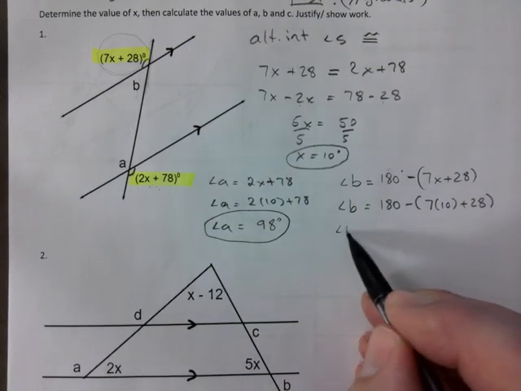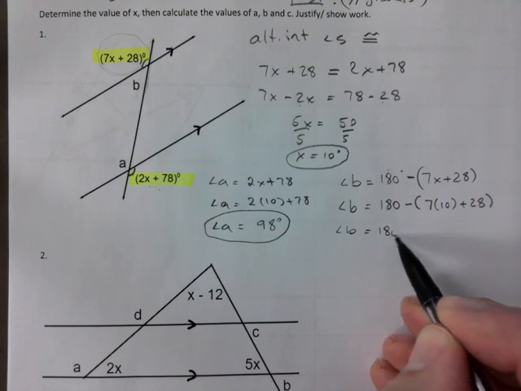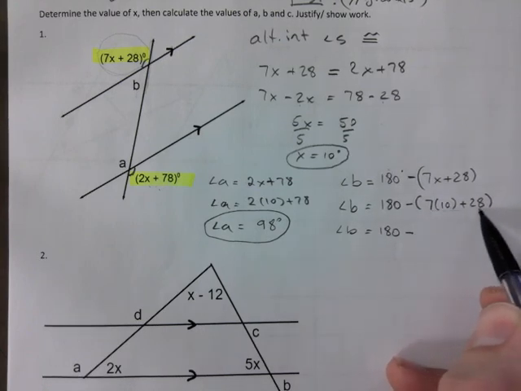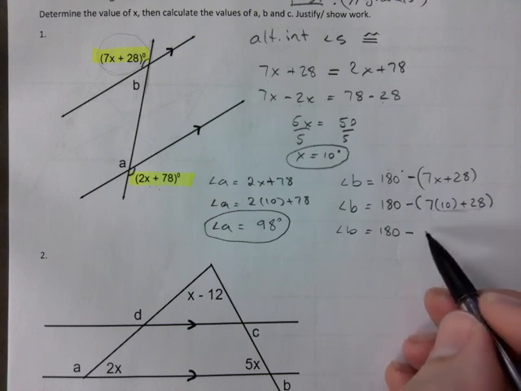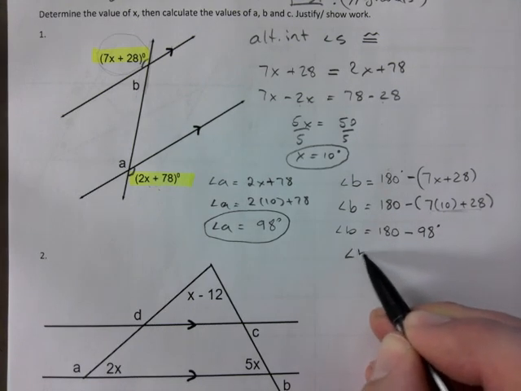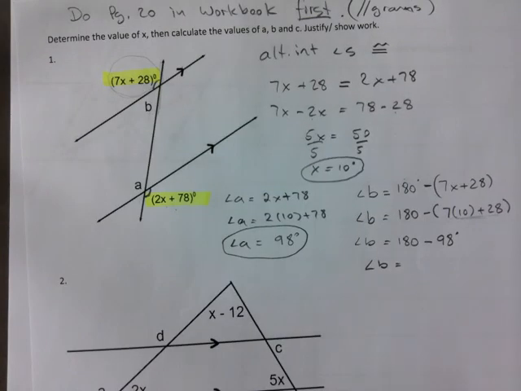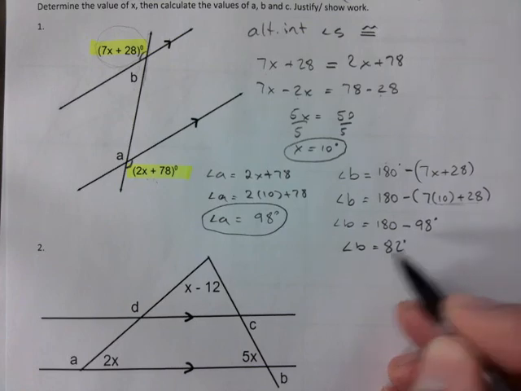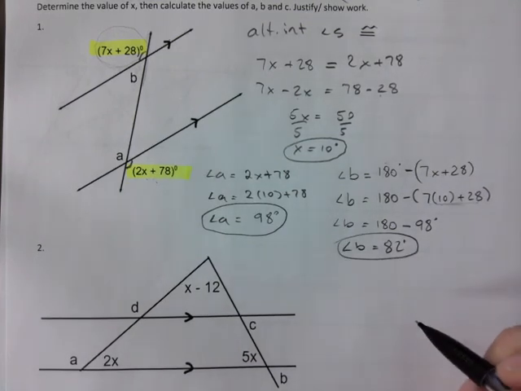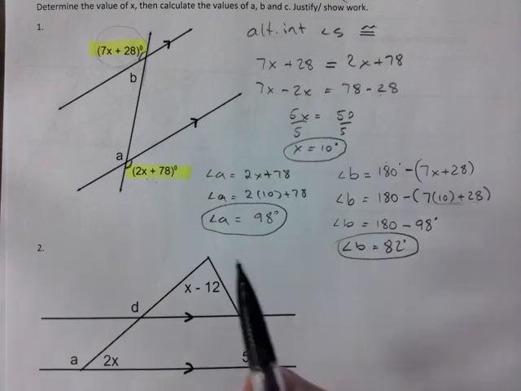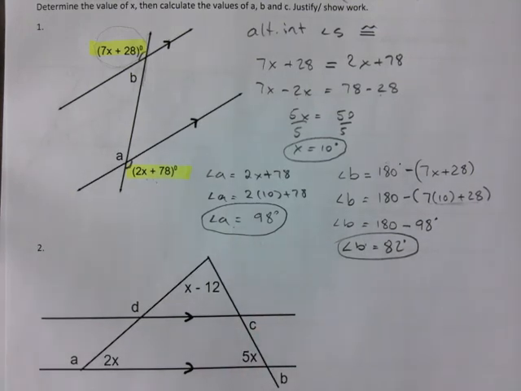And so angle B is 180 minus, this is also 98, right? Oops, sorry. So that's 82. So there you've solved for x, and you've solved for the two angles that they were asking you for.